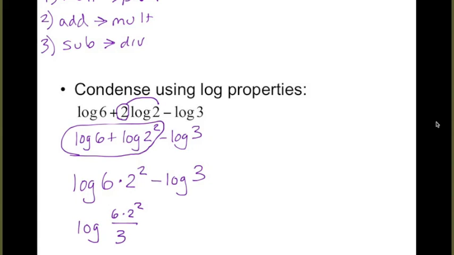Okay? So whatever has the negative there for the subtraction is going to end up in the bottom of this. Now since these are all just numbers, we can actually do this arithmetic here. Sometimes you'll have variables, sometimes you'll have numbers, but here we can actually do this arithmetic. So 2 squared is 4, times 6 is 24, divided by 3, we get 8. So if you can do arithmetic, go ahead and do it. If it's variables, then we just leave it.